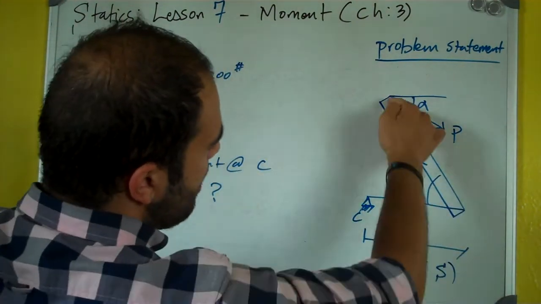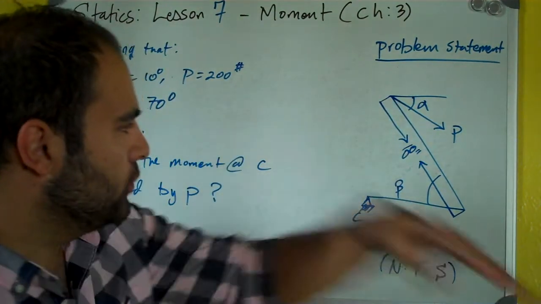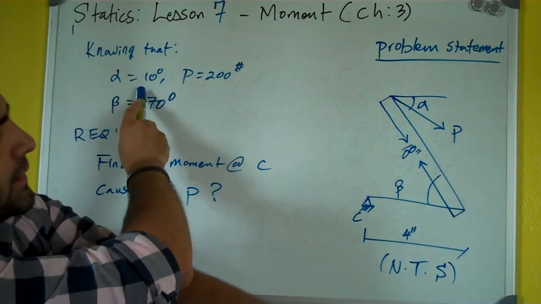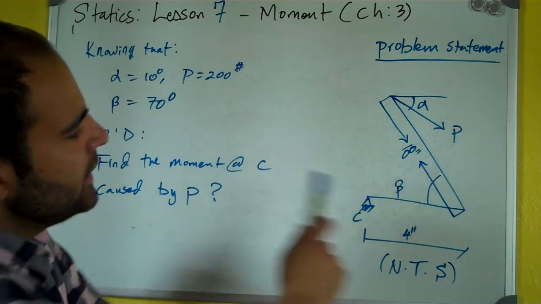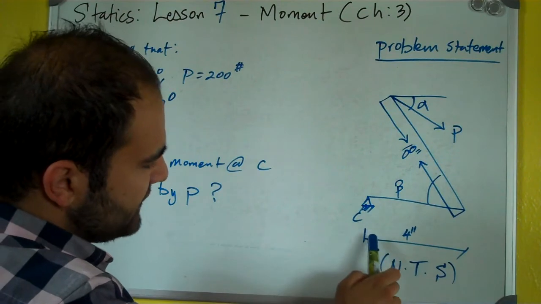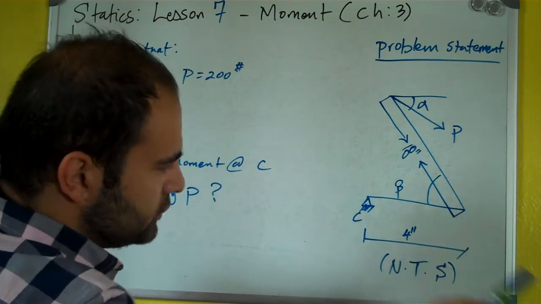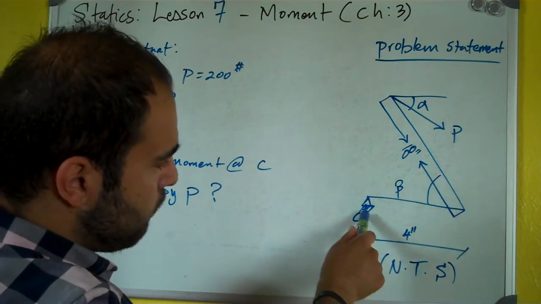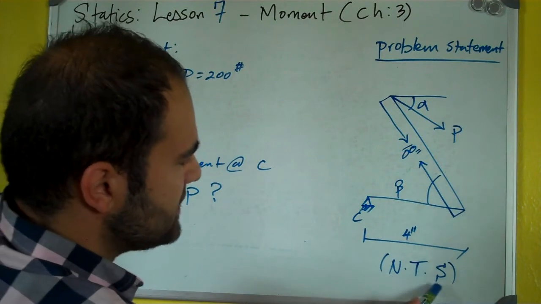You have an arm that's 18 inches, with a force applied obliquely at an angle of 10. The force magnitude is 200 pounds. The distance from the edge of that arm to the point of interest, which is C, is 4 inches, not to scale.